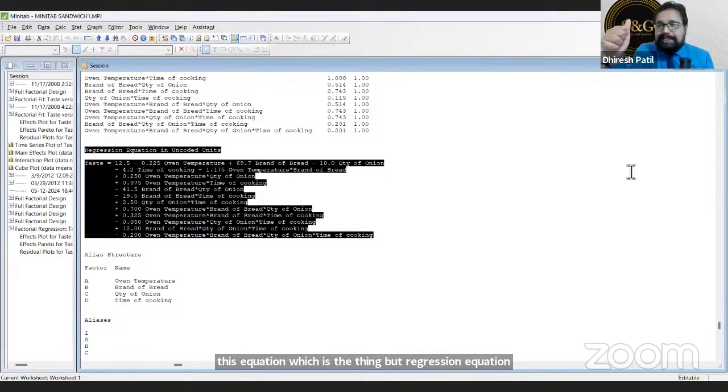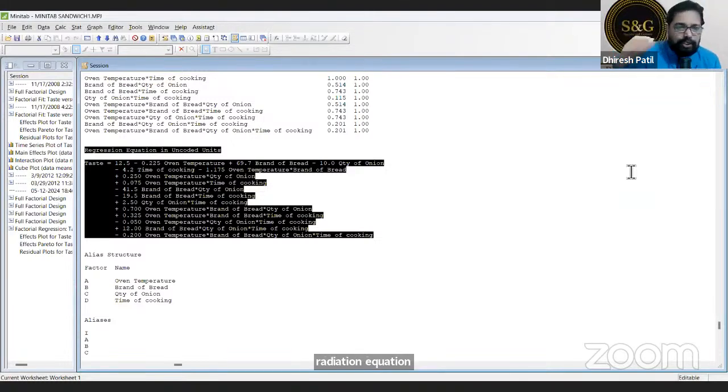Are you observing this regression equation here? Just type yes in the chat box. How many of you got it? Did everyone get the regression equation? Very good. Super.